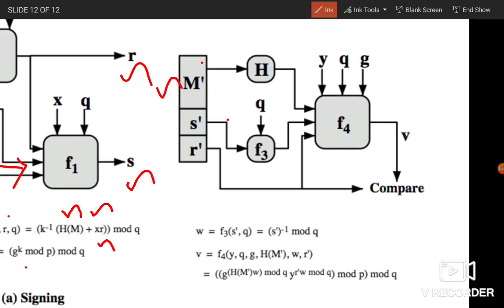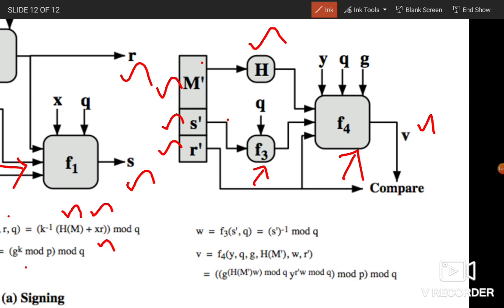So we have the original message and the 2 signature components. From the original message, calculate the hash code. Okay, I am using 2 functions F3 and F4 to calculate V. Finally, V is compared with R. If both are equal, then the signature is verified. Okay.